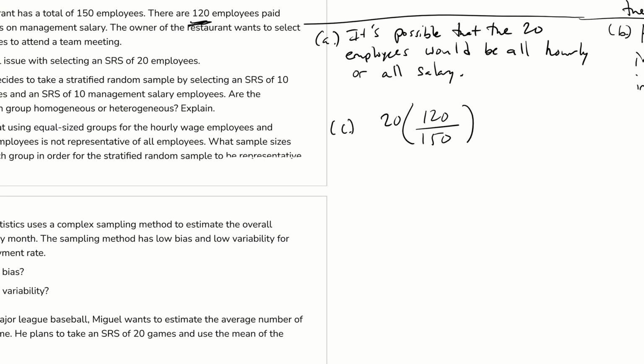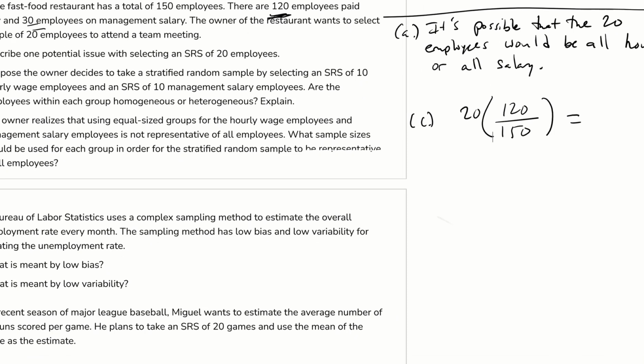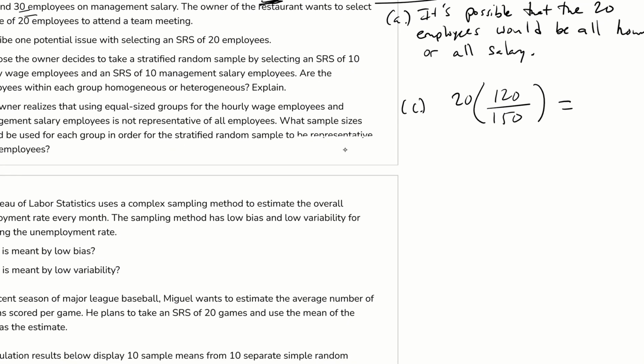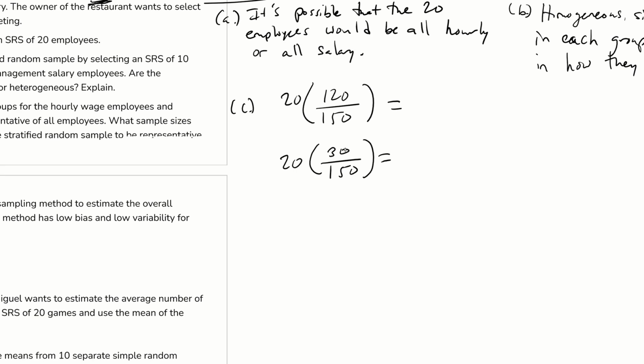So this is the number of people that we would expect to select from the hourly. On the other hand, we want to select 20 people, and we have 30 employees on salary out of 150. Now, 30 out of 150 is 1/5. So 1/5 of the people were salary. So 1/5 of 20 is 4. Okay, so we want to select 4 salary employees.